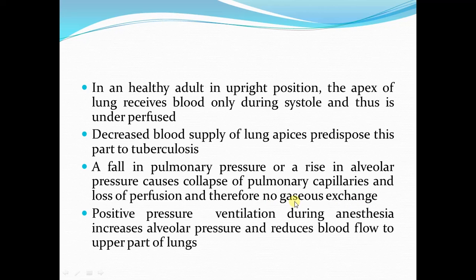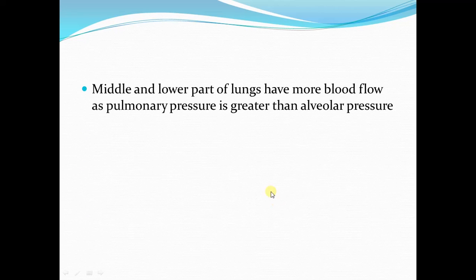So there is no gaseous exchange in the part of the lung having zone 1 blood flow. Now the middle and lower parts of the lungs have more blood flow as the pulmonary pressure is greater than the alveolar pressure. This is just the comparison of the different parts of the lung. The upper part of the lung receives less blood flow, it is underperfused, while the middle and lower parts of the lungs have a greater blood flow.